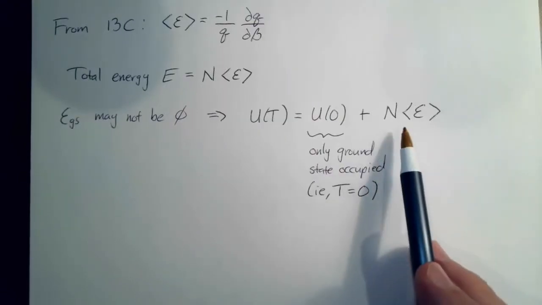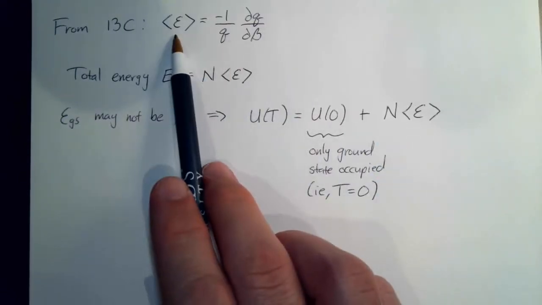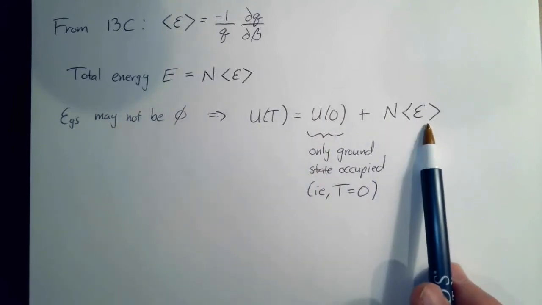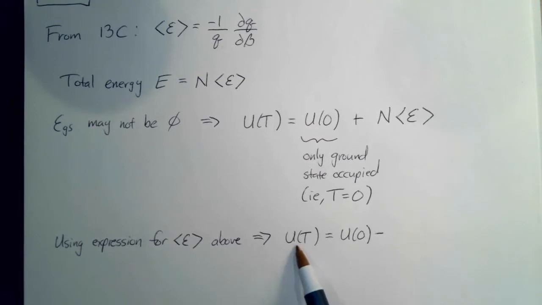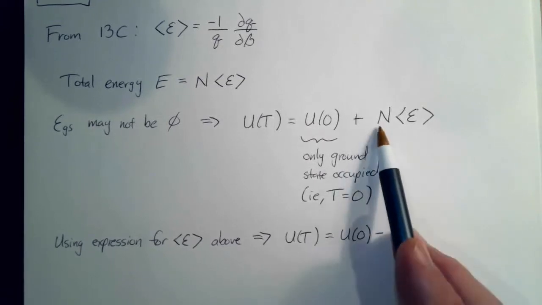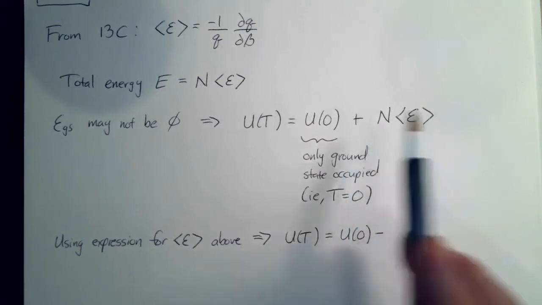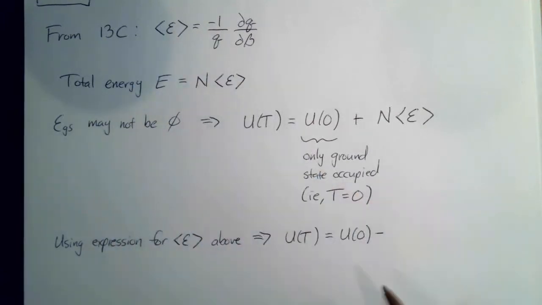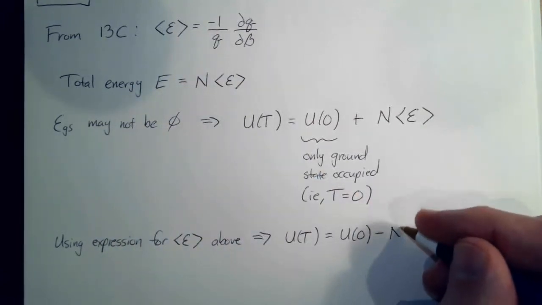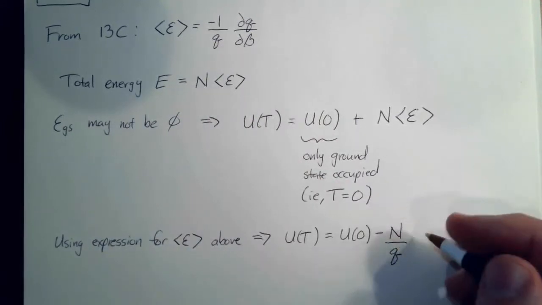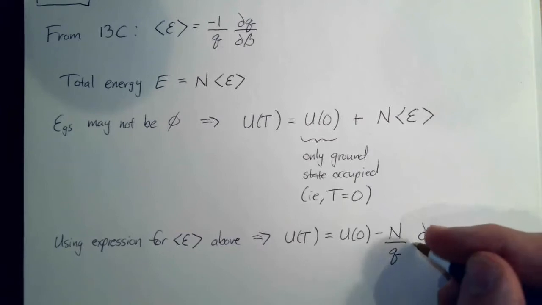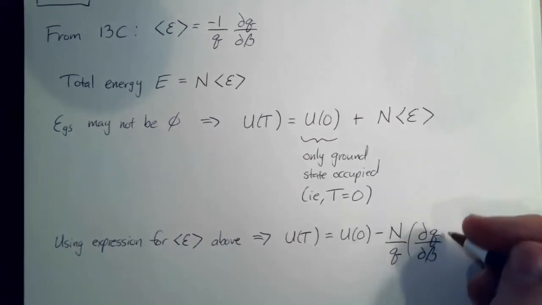All right, so into this formula, I'm going to plug in my expression for the mean energy. So I've got U of T equals U of 0 plus N times the mean energy. The mean energy has a negative sign, so it's going to be minus N over Q times the derivative of Q with respect to beta.